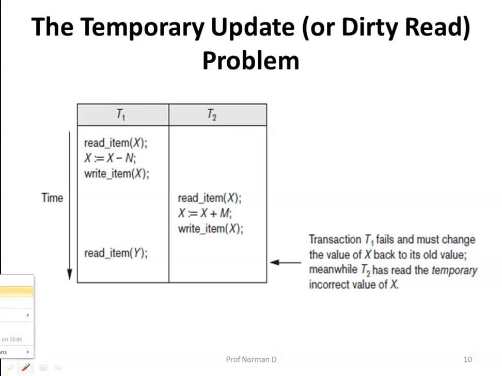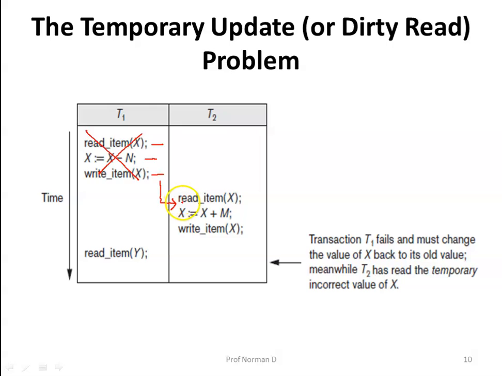If we consider that the transaction T1 starts with its execution, it reads the value of X, performs an operation, updates the value of X, and then whatever the value of X is being read by transaction T2. Now transaction T2 reads the value of X, and then after reading the value of X, this transaction fails.